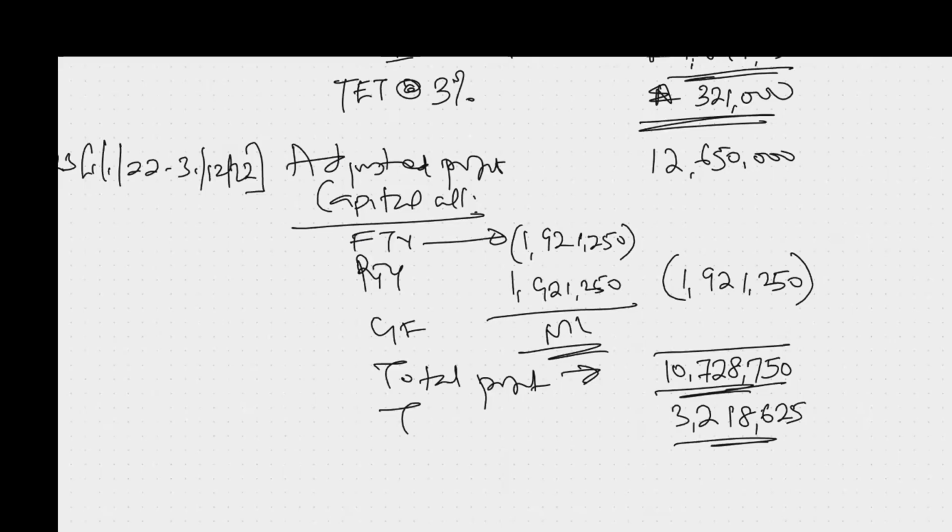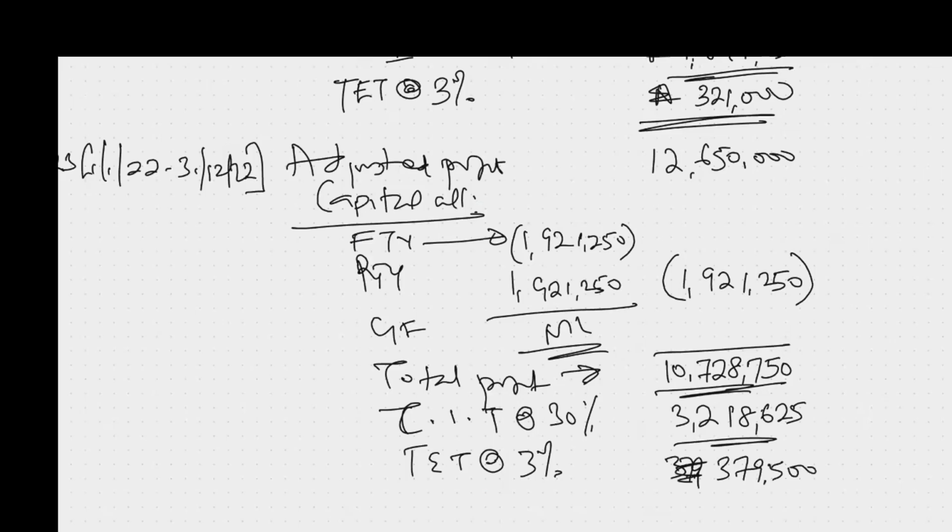Education tax: 379,500. Did you calculate it on this? On the adjusted profit. Okay, thank you.